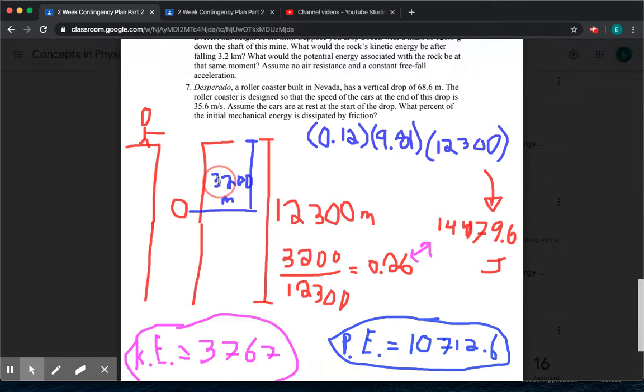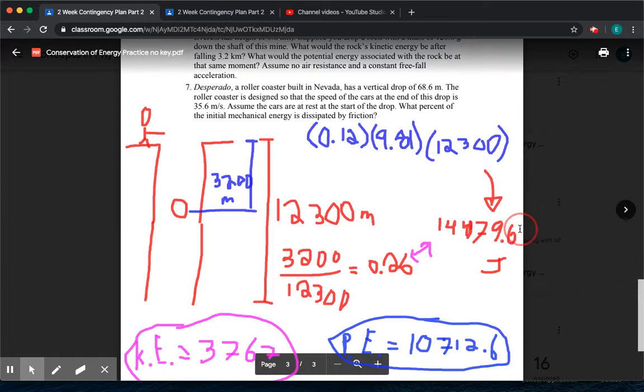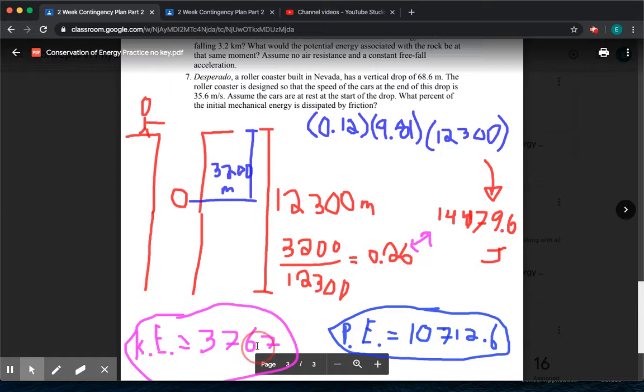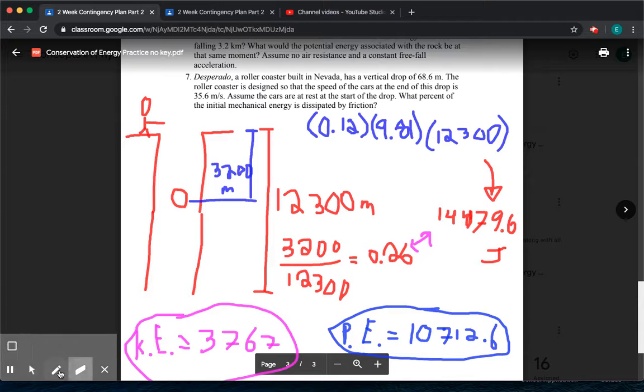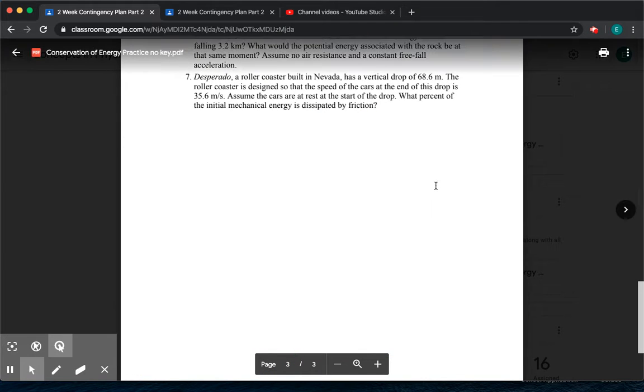We found the fraction of the fall. We fell 3,200 out of 12,300, and we got our percentage. You multiply the percentage by your total, and you can figure out how much kinetic you have. Then you just subtract those numbers, and you can find how much potential you have left. That is what we did in this problem. That is how you do number 6.